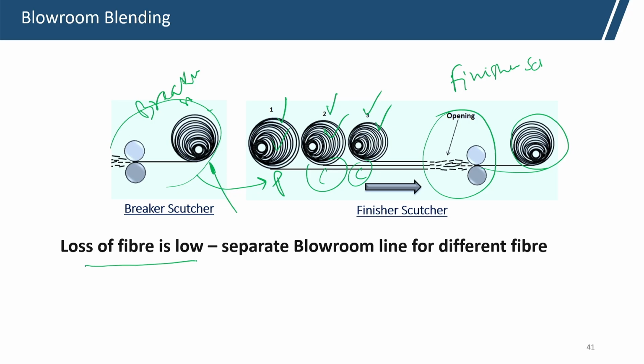Only in the finisher scutcher we open and then form a lap, and this lap has a fixed quantity because there is no loss, and finally the intimate blending takes place at the carding stage.